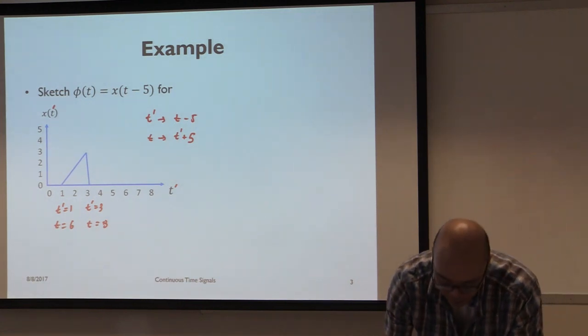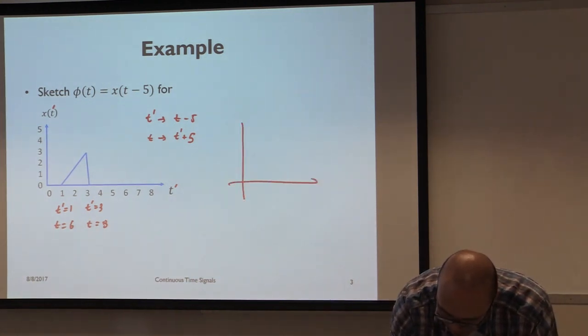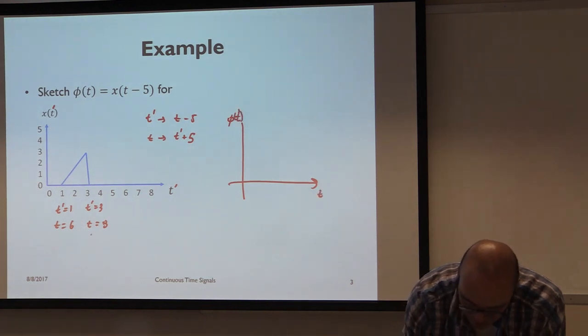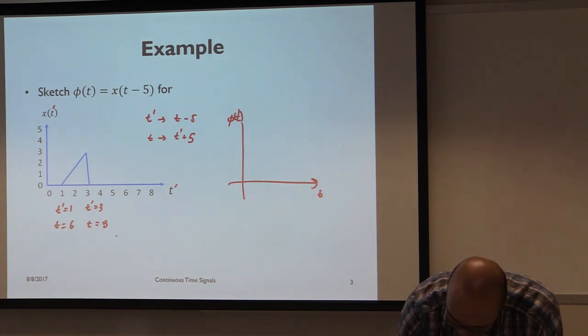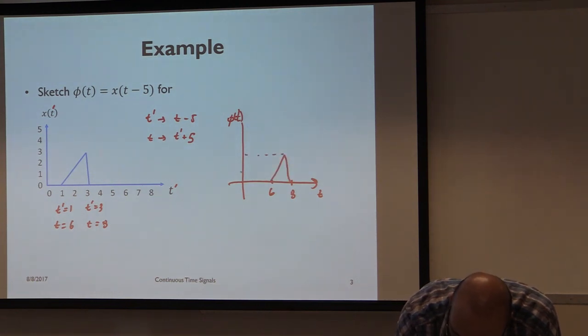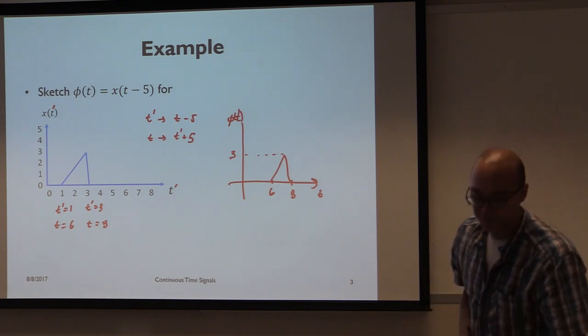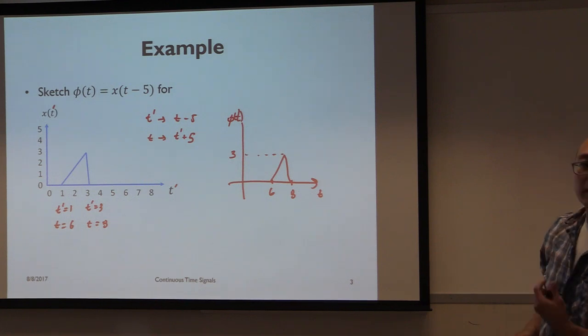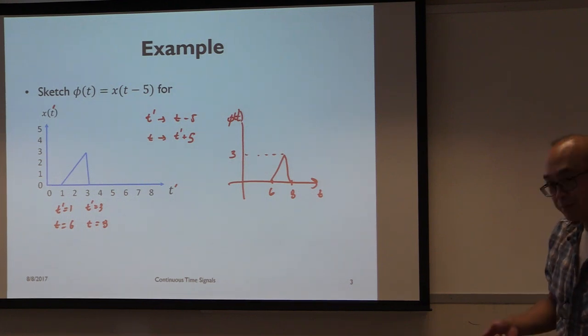So as a result, if I were to plot phi of t as a function of time t, then my signal is going to go from 6 to 8. So at time t equal to 6 and at time t equal to 8, I'm going to have a signal that looks like this, where the maximum value here is 3. So you can see indeed that my signal has been shifted to the right, or effectively it's been delayed.